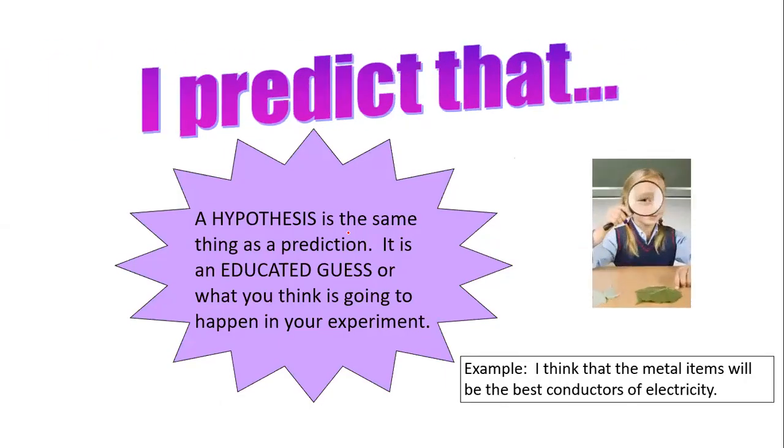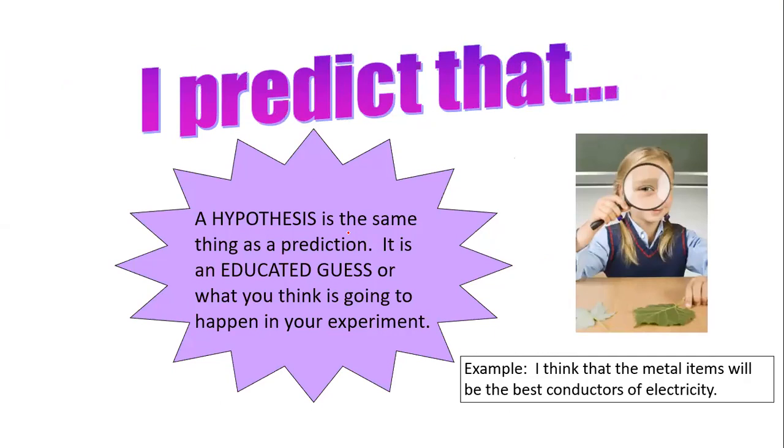Okay, and what is a hypothesis? So generally, hypothesis is an educated guess. It is a prediction or what you think is going to happen in your experiment. Example, I think that the metal items will be the best conductor of electricity. So this is a hypothesis.